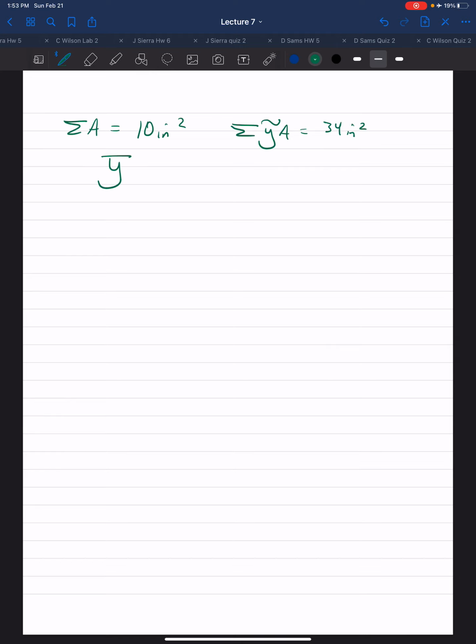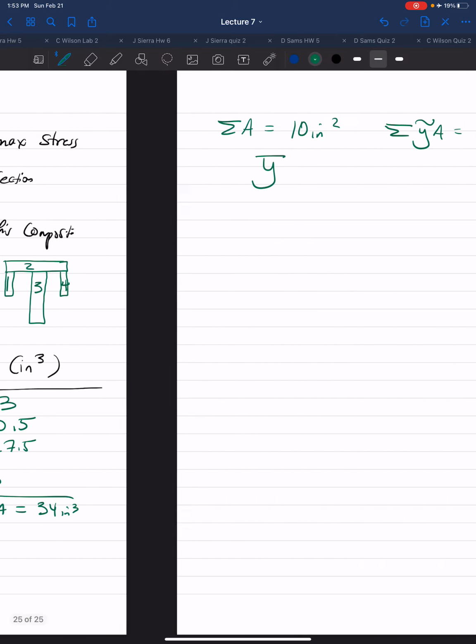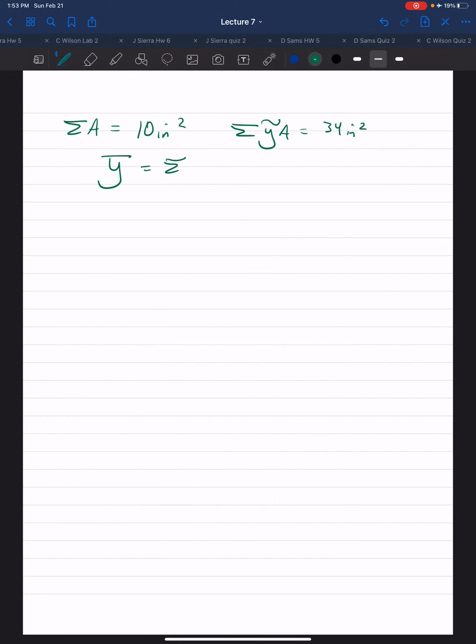So your y bar for the whole composite is 34 inches cubed over 10 inches squared.